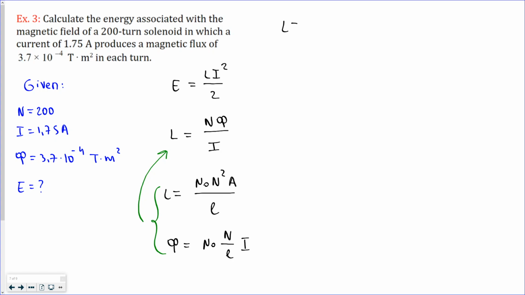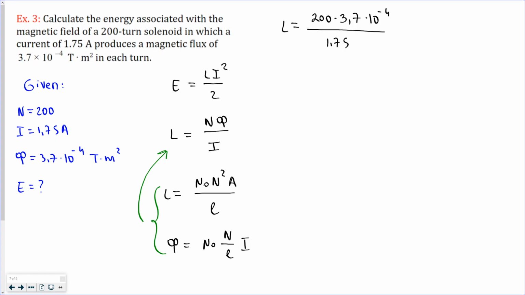So let's find what is L. N, it is 200 times flux 3.7 10 minus 4 over current, it is 175.